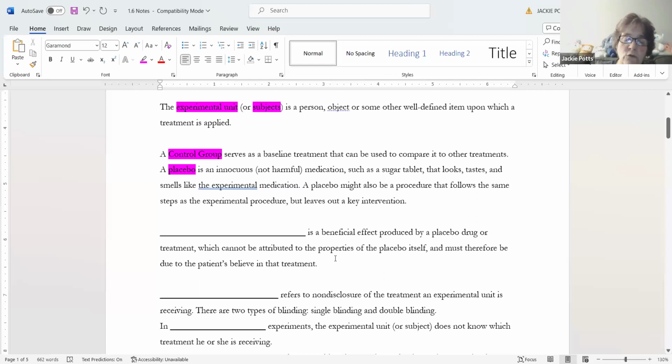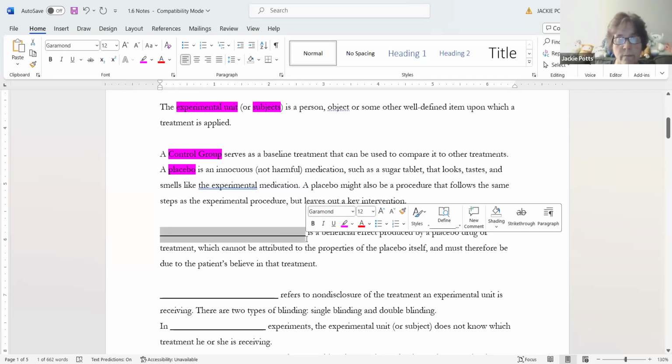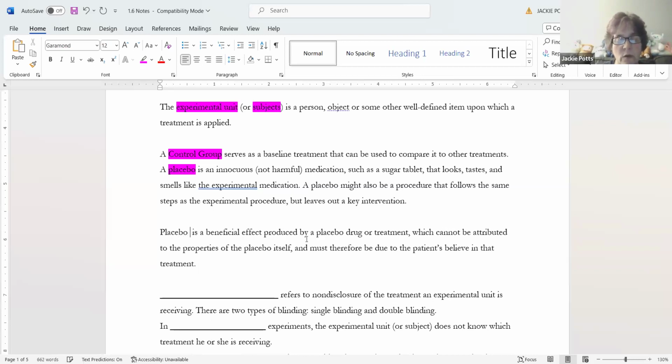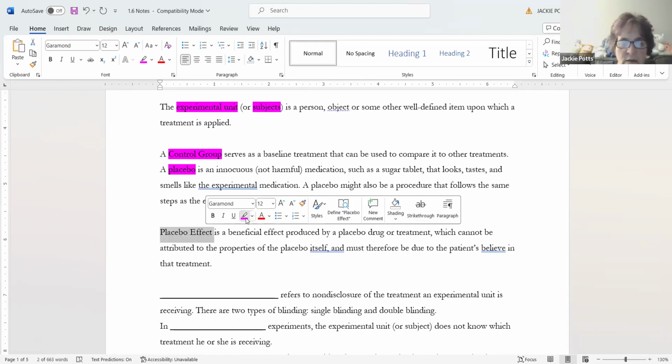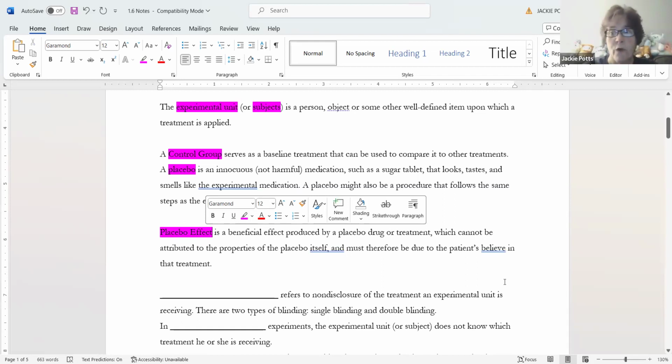The next thing you know, even though they may have gotten the true sugar pill, they experience something called the placebo effect. Meaning that sugar pill all of a sudden gives them the same effect as the drug. They didn't get any drug, got nothing. They can have the same side effects, the same pluses. So it's kind of strange.